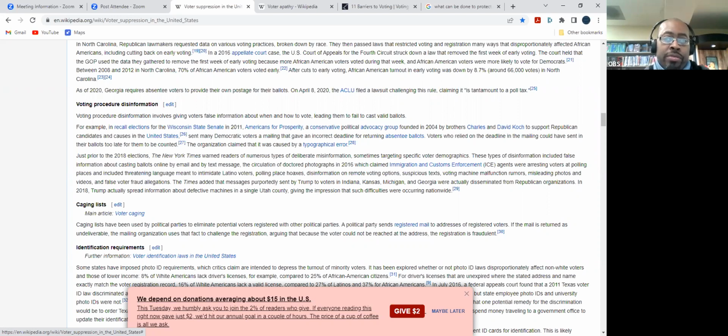And a lot of people don't know that is a form of voter suppression. And again, we've seen that in the 2016 election, the 2018 midterm election, the 2020 election, and in 2022, we saw a lot of misinformation regarding voting procedures and elections in general.